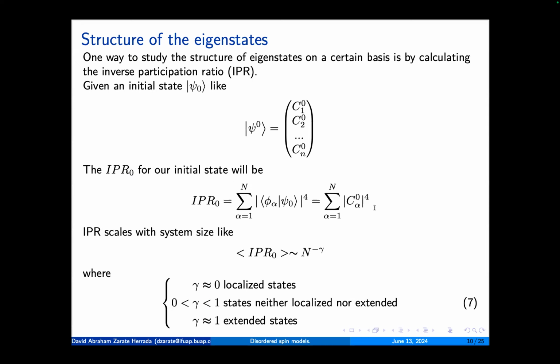With these components, C sub alpha are the projection between our initial state and the eigenstate of the system.